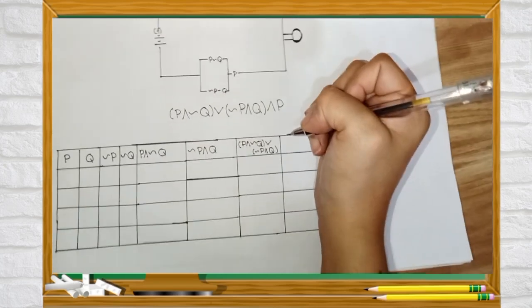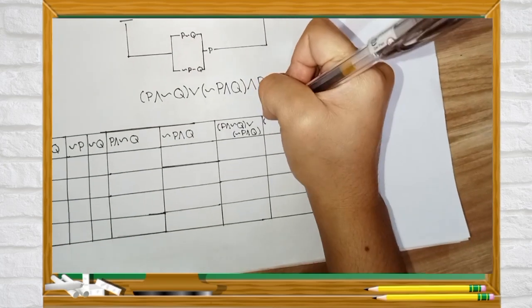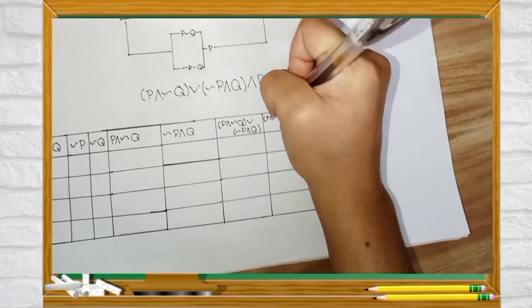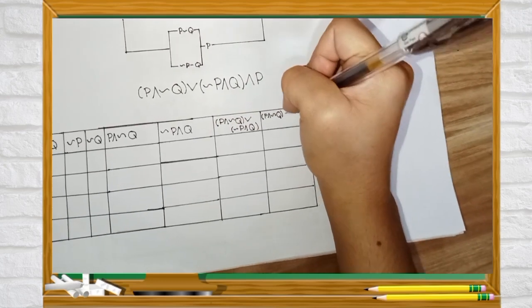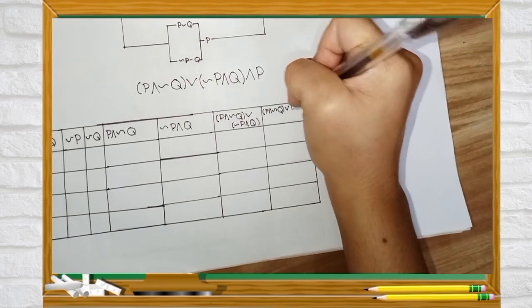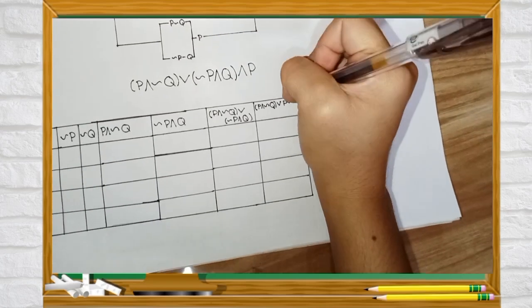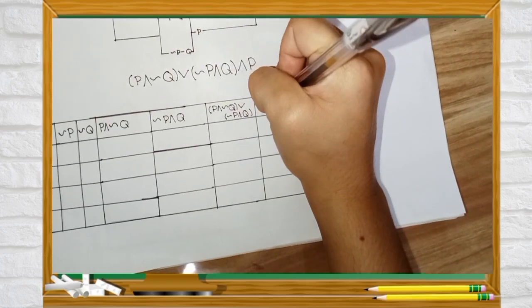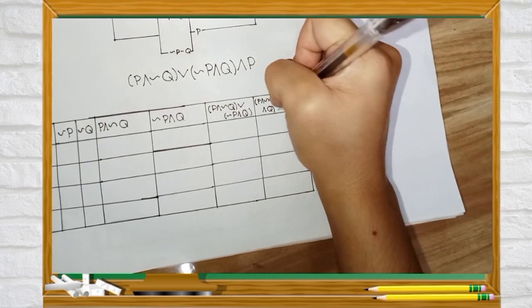For our final output, we're going to write P and negation of Q, then close parenthesis, or negation of P and Q, close parenthesis, and P.